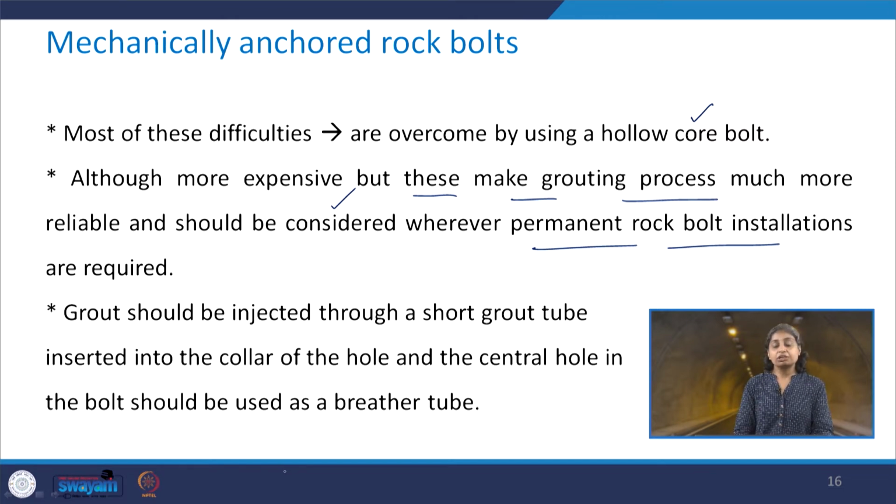The grout should be injected through a short grout tube inserted into the collar of the hole, and the center of the bolt, because it is a hollow core bolt, should be used as the breather tube.